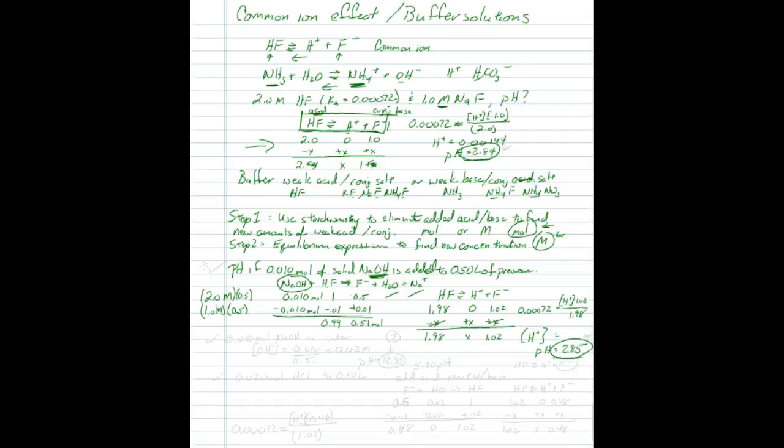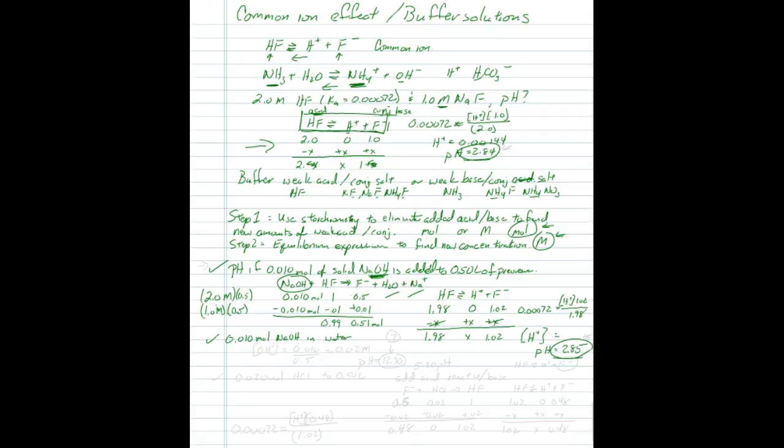Now, what would have happened if we had just put in the base alone? Here's another example. What would happen if you put 0.01 moles of solid NaOH in water?